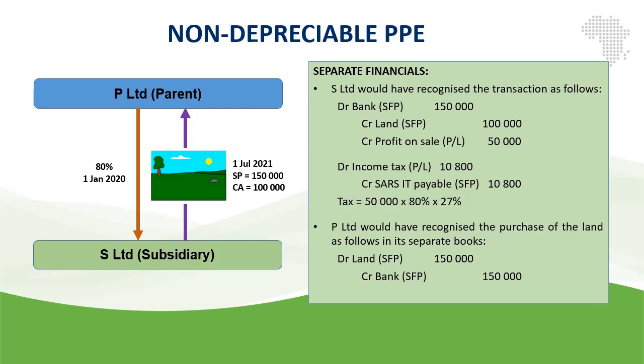But in the books of P Limited, they would have received the transfer of the land, and upon receiving such, they debited land of 150,000 to recognize this asset, and then they credited bank with the same amount to show that they paid this amount out of their account.